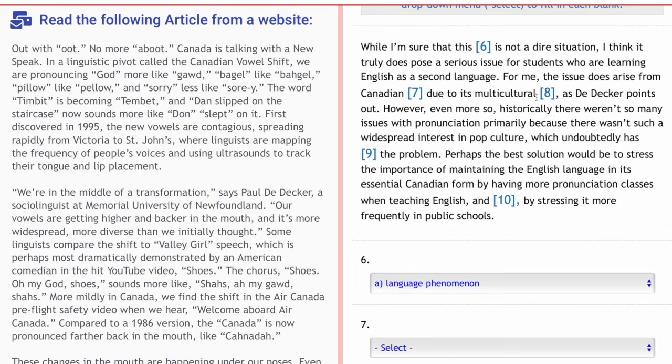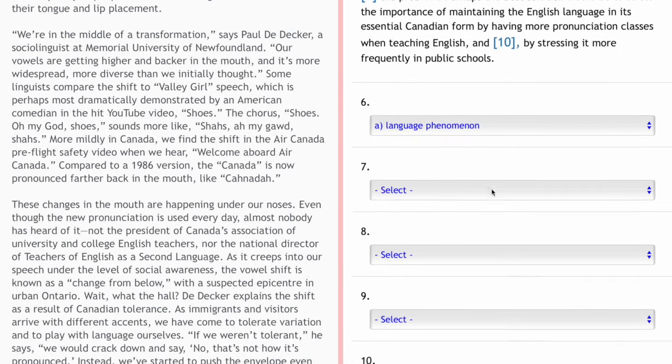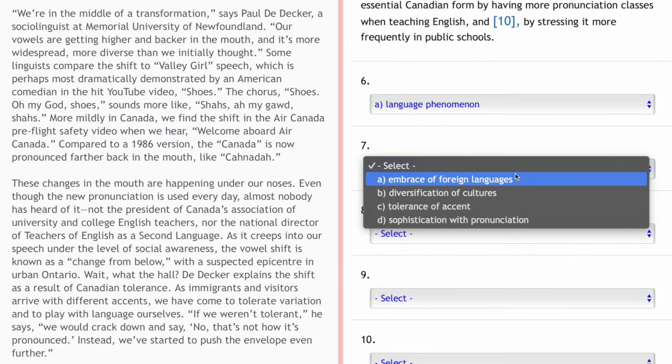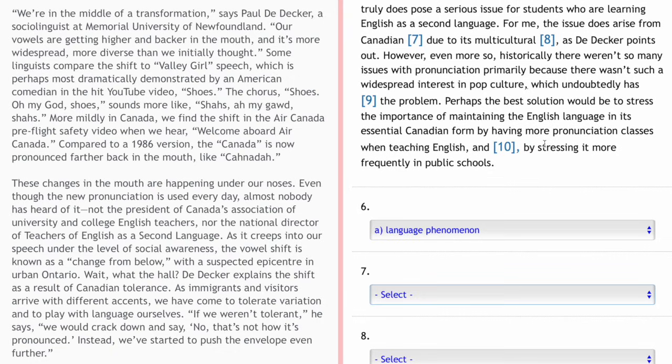Okay, for me, the issue does not arise from Canadian 7 due to its more multicultural 8, as De Decker points out. So it does start from Canadian what? Embrace of foreign languages, diversification of cultures, tolerance of accent, sophistication with pronunciation. So Canadian acceptance does arise from Canadian.